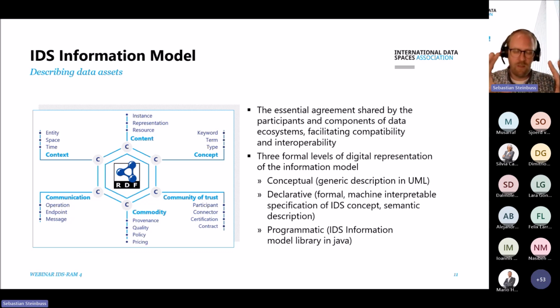We said we need to structure this data as a tradable asset a little bit. Then we said we need to take a look at the different concerns. And then, well, computer scientists sitting in a room with a lot of coffee, we made up the idea, so let's make this 6C hexagon, which looks like a sugar molecule. And all those things start with a C, while it doesn't always really work out well in the title. So this is why we have the 6C hexagon.